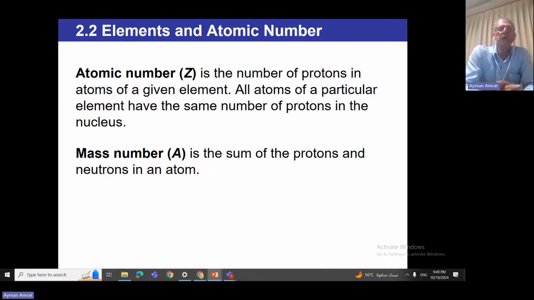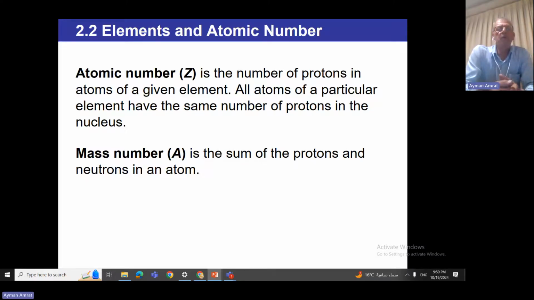All atoms of a particular element have the same number of protons in the nucleus. Carbon, for example, contains 6 protons. Any carbon atom should contain 6 protons. The mass number is the sum of protons and neutrons. This quantity is called mass number A.